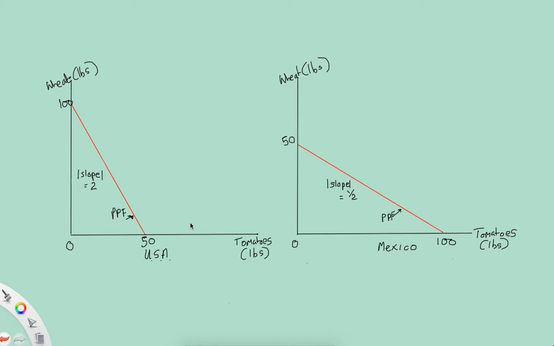And we decided that because of the opportunity cost, if you remember that in the US a pound of tomatoes costs 2 pounds of wheat, and in Mexico 1 pound of tomatoes only costs half a pound of wheat, we decided that the US would be the importer of tomatoes and Mexico would export tomatoes, and likewise the US has the advantage in wheat, so the US will be the exporter of wheat and the Mexicans will import wheat from the US.